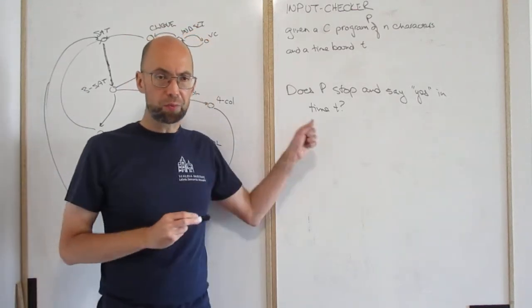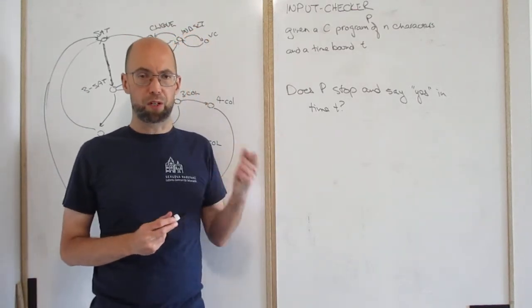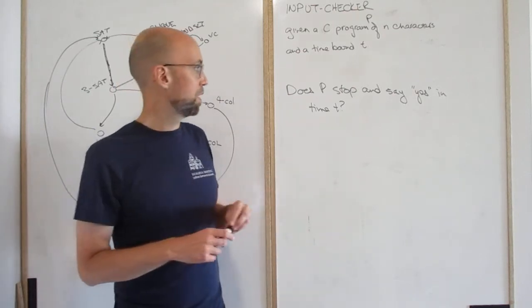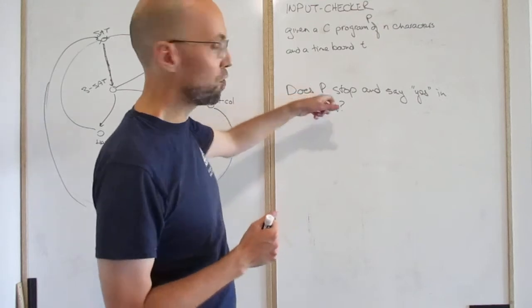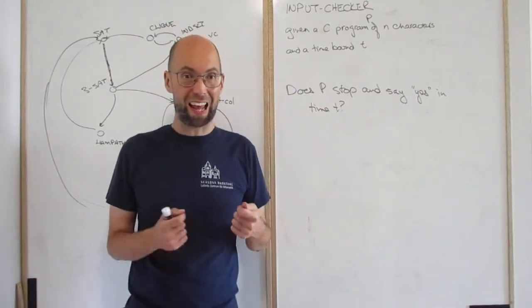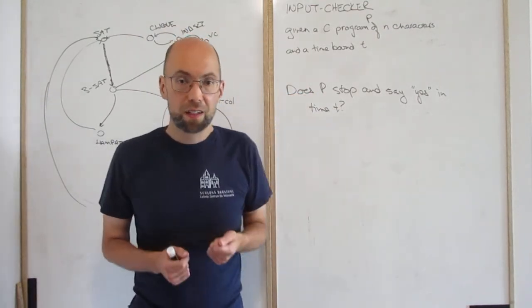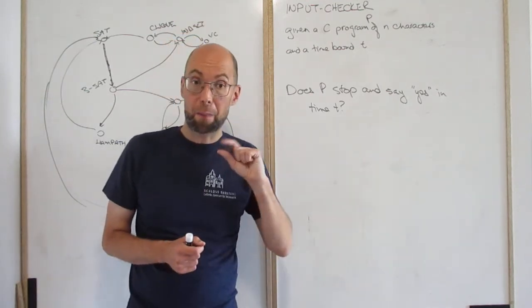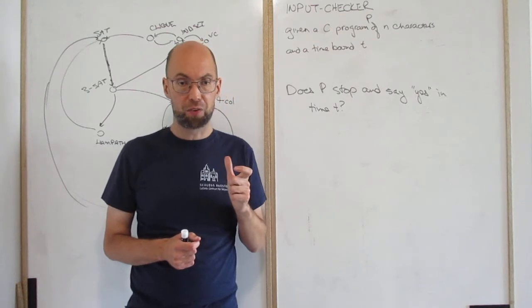Now maybe I'm going to edit this a little bit for the course notes. Does this sound like a really powerful problem? If you could solve this in time polynomial in n, yeah, it is, but it has a time bound.